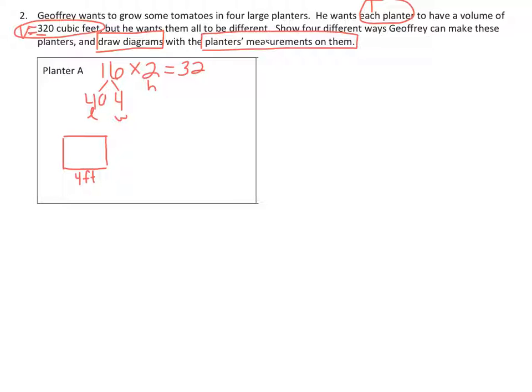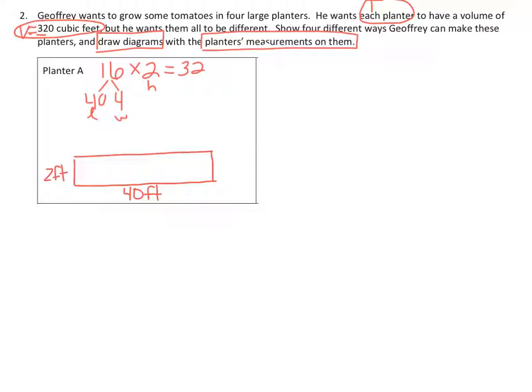See? So I need to erase my diagram and start over a little bit. All right. So that's why it's good to always use pencil. So I need to make my length long, so like 40. This is not to scale, FYI. So 40 feet. My height is 2 feet.